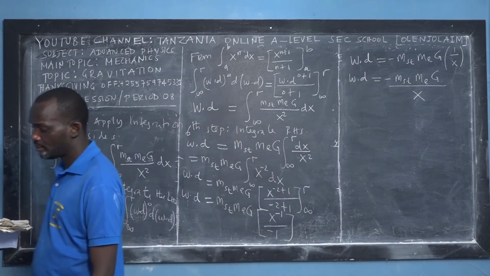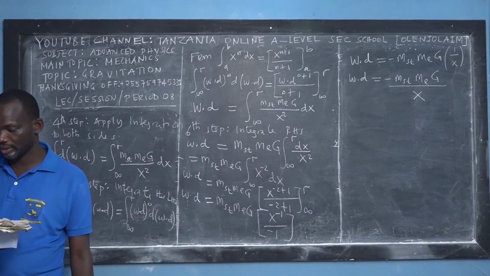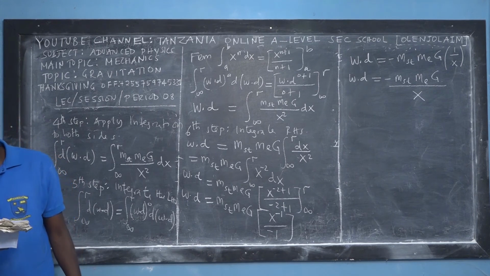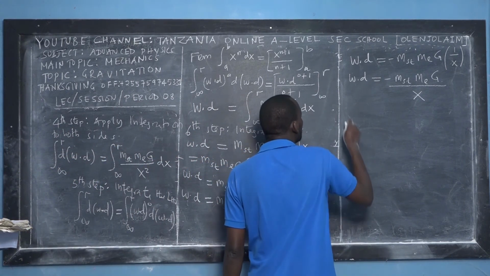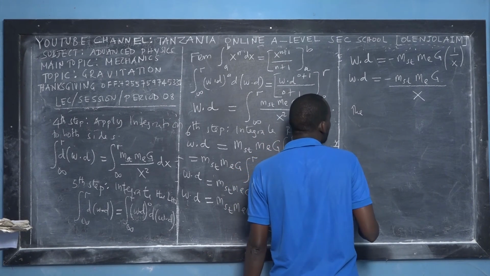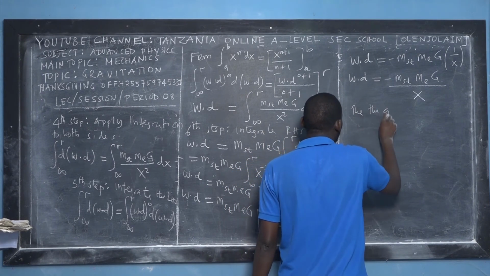So that's the formula for the work done required to bring the satellite from infinity to the point.